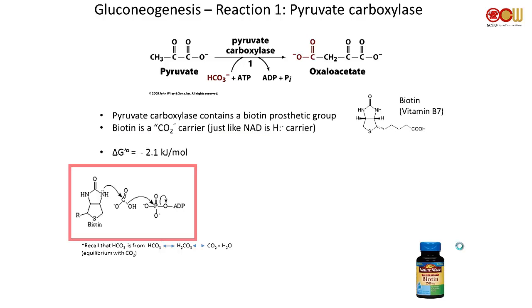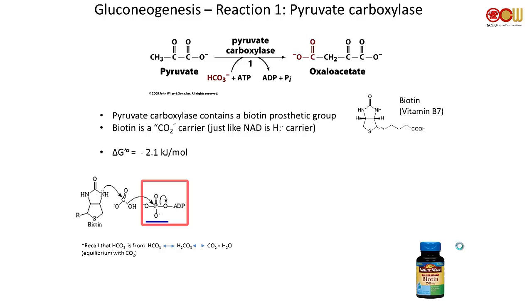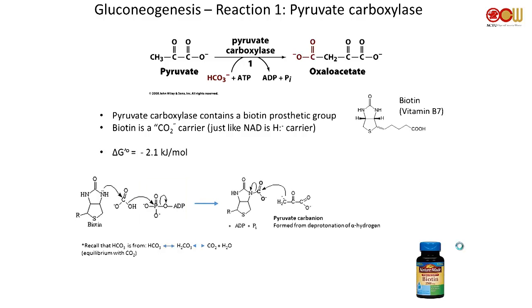Let's look at the mechanism real quick. Biotin looks like this. The active part of biotin is the carbonyl with two nitrogens attached on either side, and here you have a lone pair. What happens first is that ATP, with its phosphate, becomes ADP. You convert your bicarbonate into an activated bicarbonate by phosphorylating it, so you have a bicarbonate attached to phosphate.